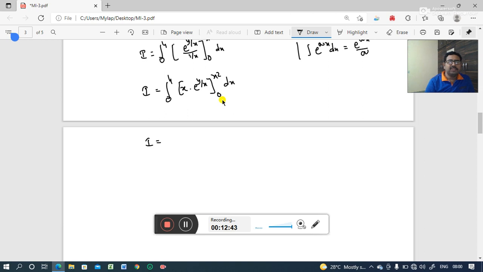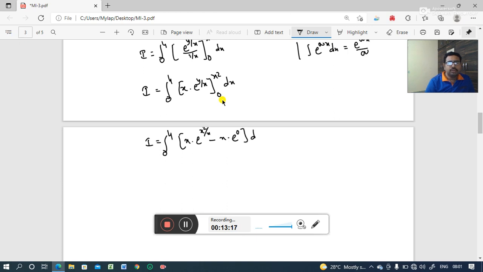Upper limit of y is x square and lower limit of y is 0. So integral 0 to 4, x is constant, and e power y by x: in place of y I use the upper limit x square, so you get e power x square by x, minus, using the lower limit, e power 0, because in place of y you put the lower limit, into dx.